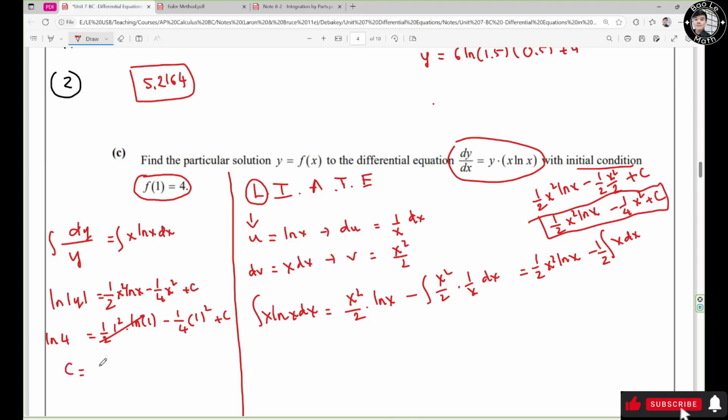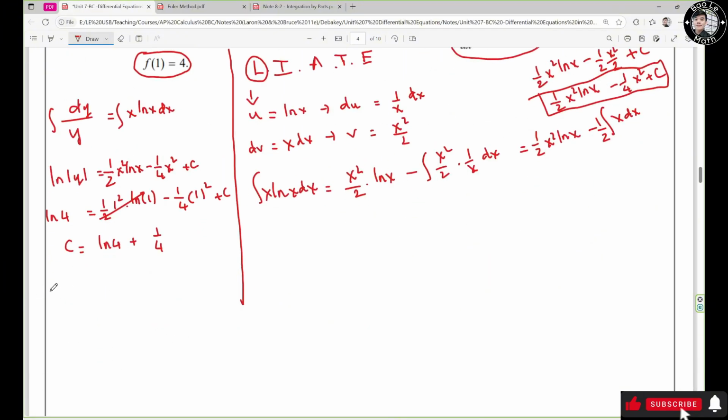C equals natural log of 4 plus 1 over 4, right? So the equation becomes natural log of absolute value of y equals 1/2 s squared natural log of s minus 1 over 4 s squared plus 1 over 4 plus natural log of 4, right?